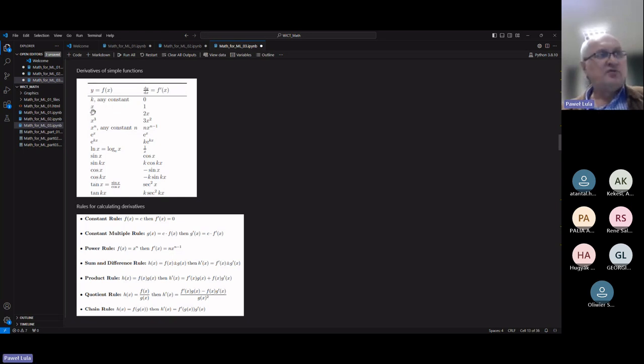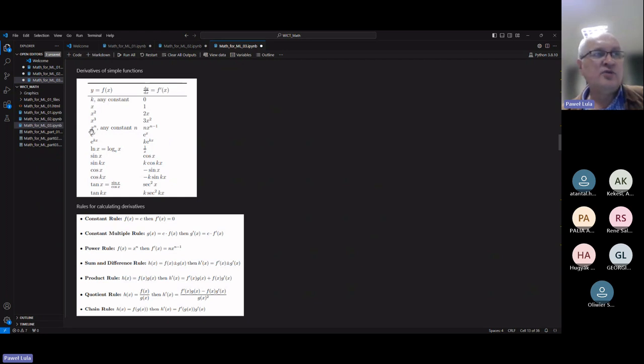So if our function is very simple, for example, y is equal to x, the derivative is always 1. When we have a constant function, the derivative value is always 0. When we have x to the second power, the derivative is 2 multiplied by x. If we have x to the third power, the derivative is represented by the function 3 multiplied by x to the second power.